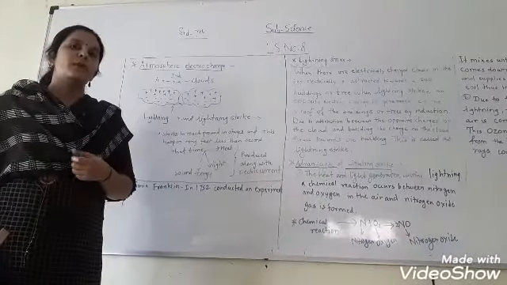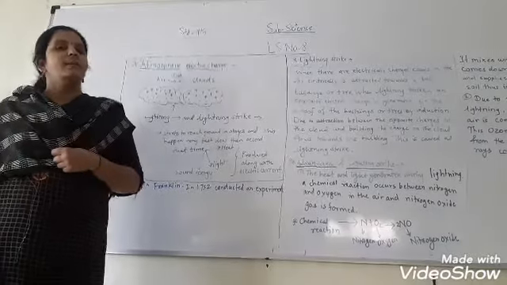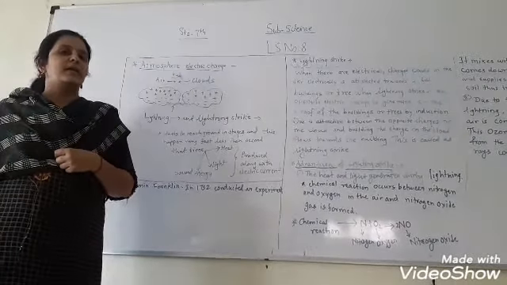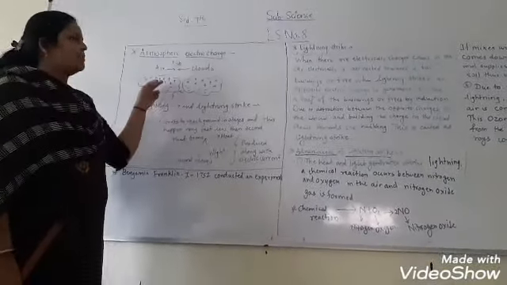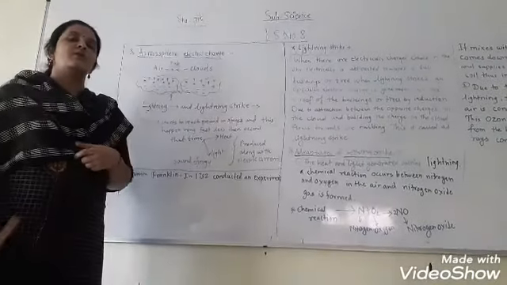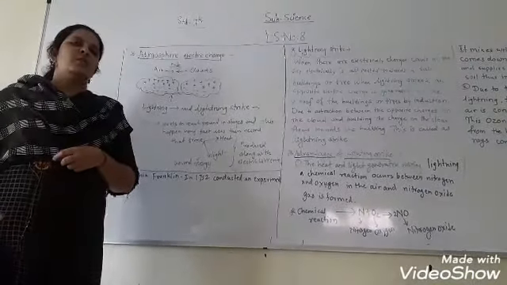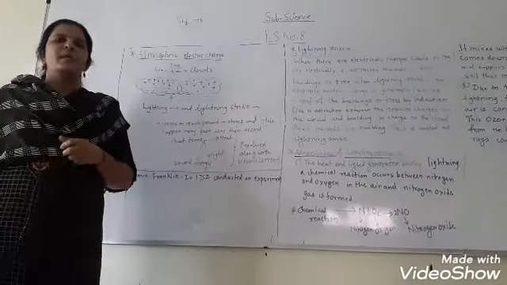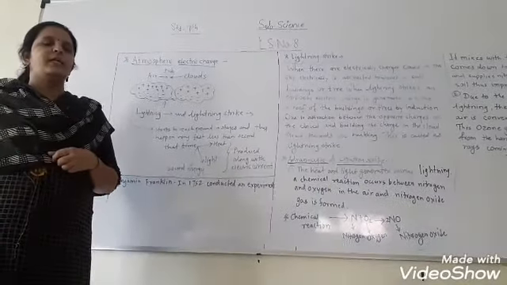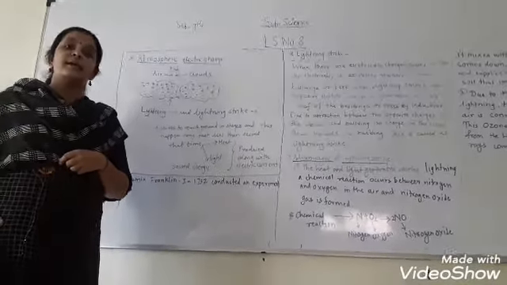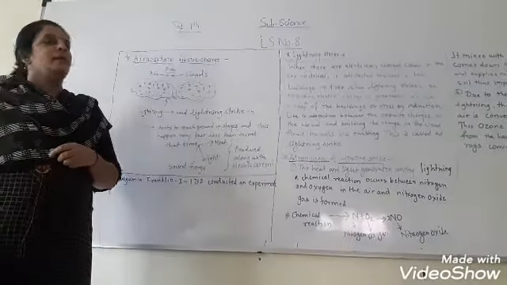When such clouds come in the sky and carry positive and negative charge, they are called electrically charged clouds. This cannot happen every day. You know that lightning strikes happen very rarely, not every day.